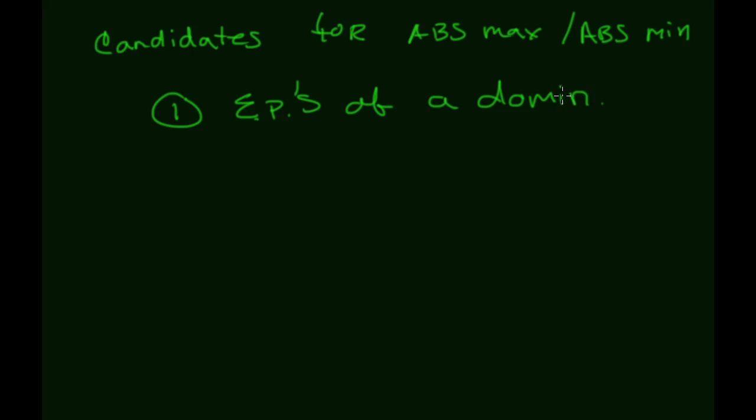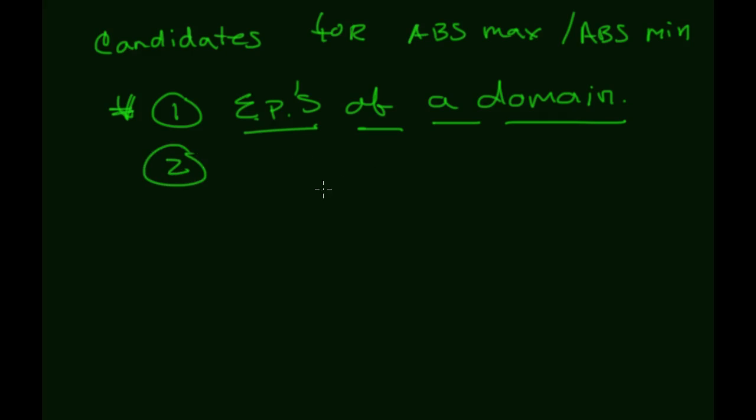It is possible that the endpoint of the domain can be the place where the local maximum or the local minimum occurs. Now, this is critical because the AP exam will do this. They will put one of the max or the mins at an endpoint of a domain, and people will miss this because they'll forget to check the endpoints. Really, really, really important. Always check the endpoints.